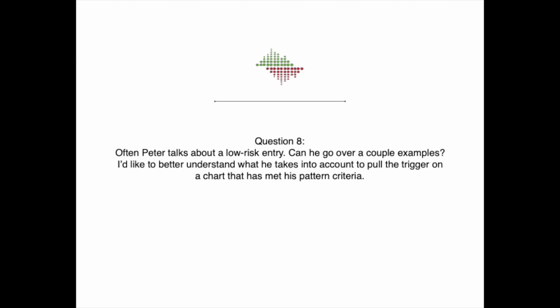I also talk about low risk entry. Can you go over a couple of examples? I'd like to better understand what he takes into account to pull the trigger once a chart has met his pattern criteria. Let me think of a chart. I'm basically looking for, I hate to use the word quality because it's so ambiguous, but I'm looking for the quality of a breakout.